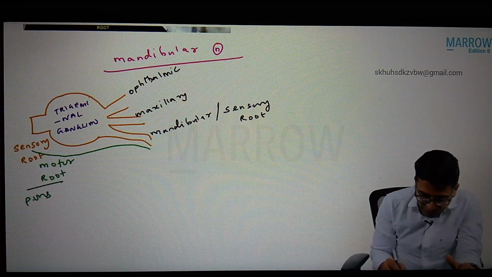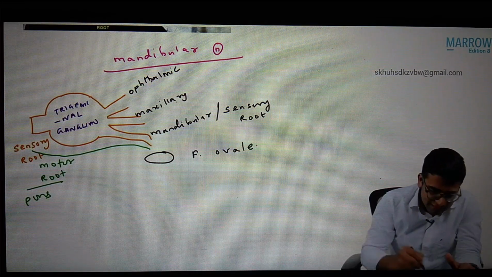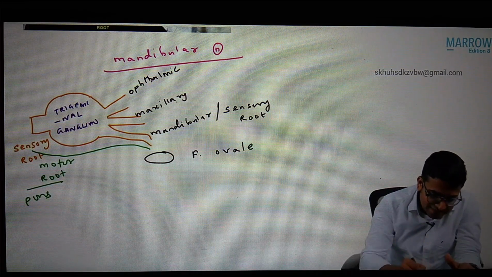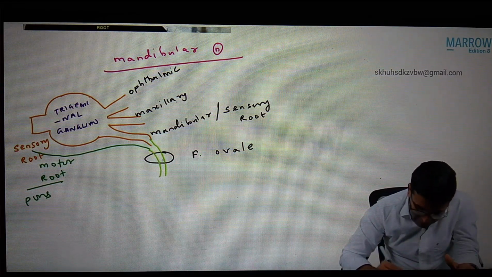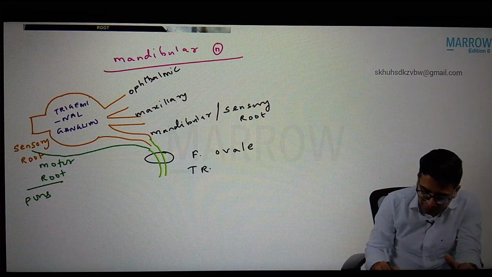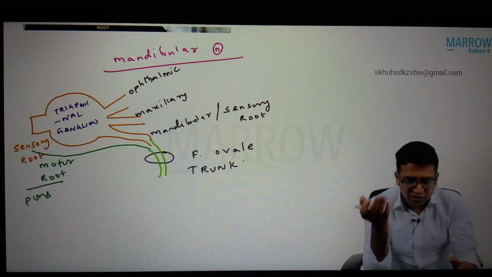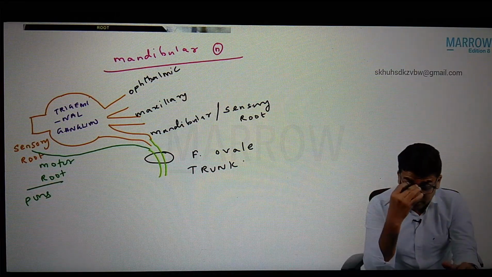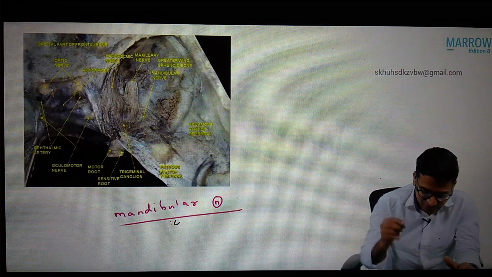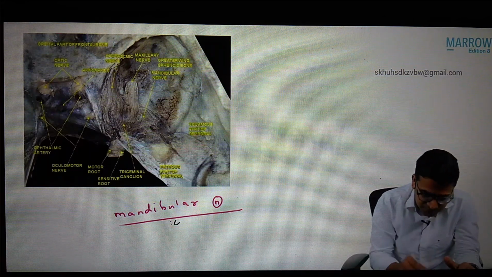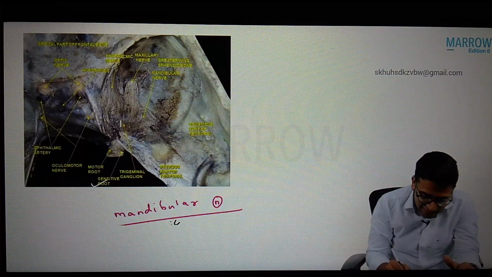Now both the roots pass through foramen ovale and they join together to form the trunk of the mandibular nerve. So the trunk of the mandibular nerve is formed by joining of the sensory root and the motor root. Okay, right. Now see the diagram. In the diagram, we are seeing the sensory root of trigeminal, which expands to form the trigeminal ganglion.